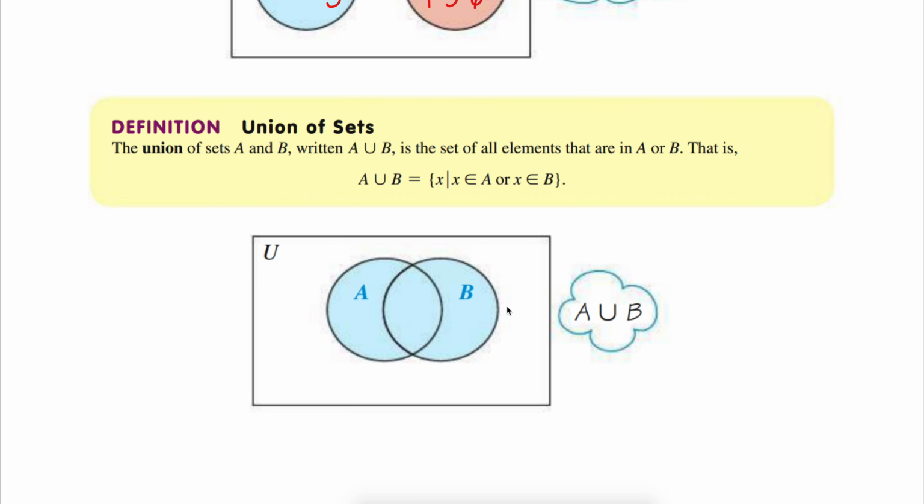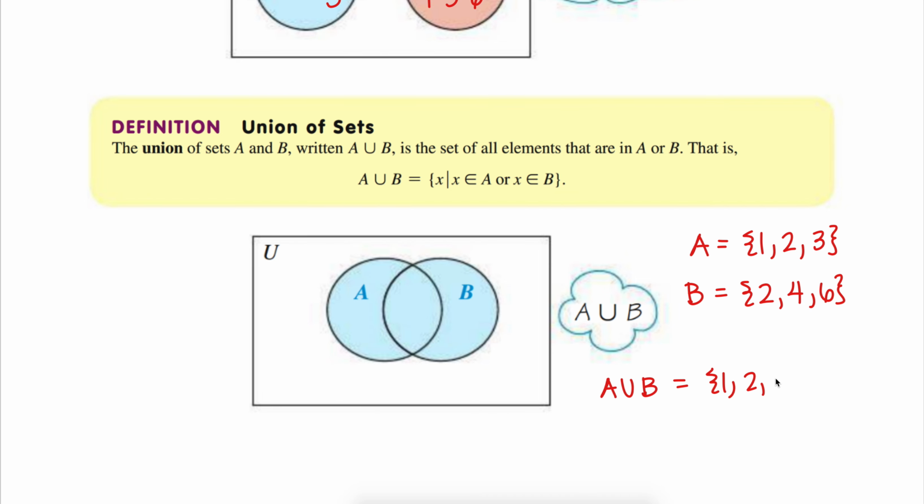So when we talk about the union of sets A and B, it's everything in set A plus everything in set B. So if A was equal to 1, 2, 3, and B was 2, 4, 6, the union of A and B would be everything in A and everything in B. The 2 is repeated in both sets, but I only need to write it once. So the union would be the numbers 1, 2, 3, 4, and 6. Everything in A, everything in B. Again, nothing is excluded here.